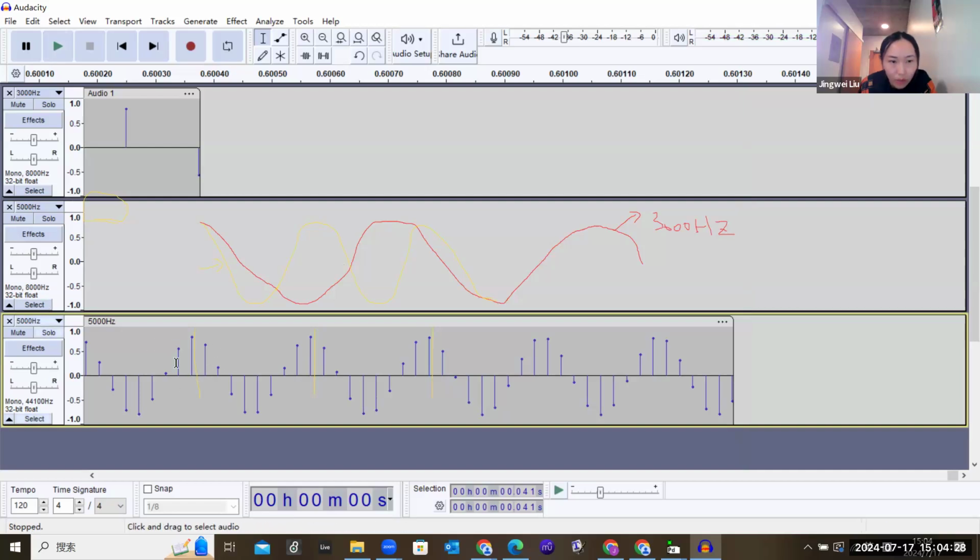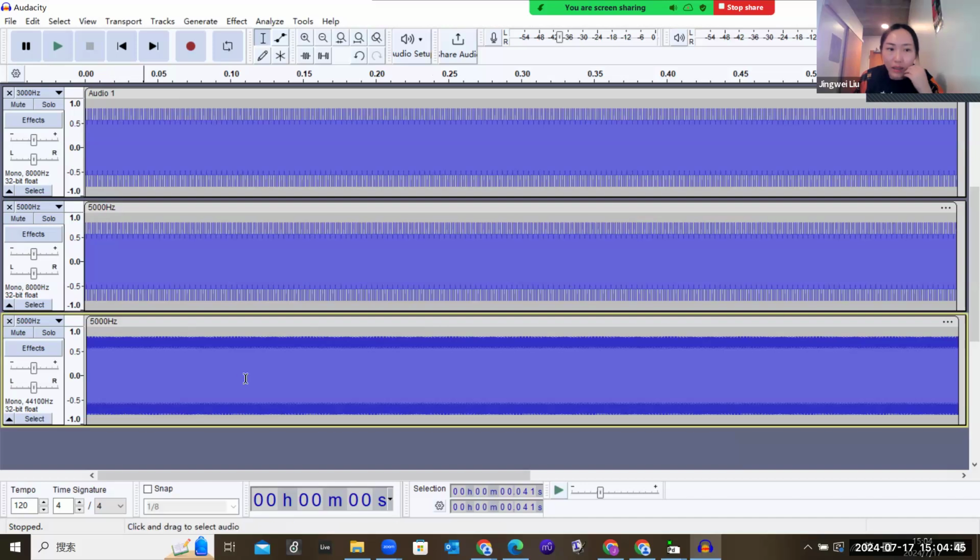So this one is obviously the real 5,000, but this one is an alias. It becomes 3,000. Okay, I think this gives you an okay demonstration of aliasing already.